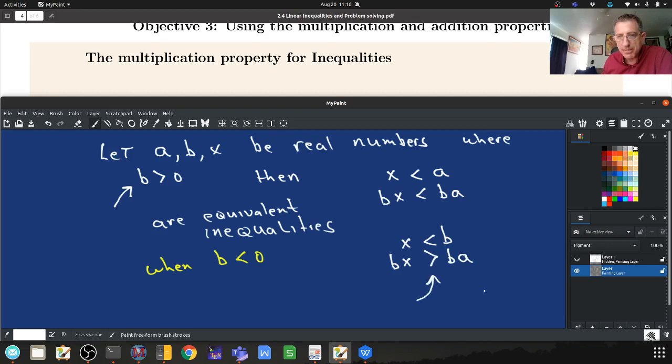I flip the sign when B is negative. And of course, if B is 0, they're not equivalent inequalities. So here's the deal. When you have to divide or multiply by a number, if you're multiplying by a negative number less than 0, you have to remember to flip the sign.